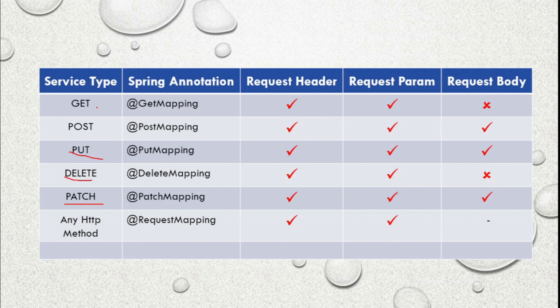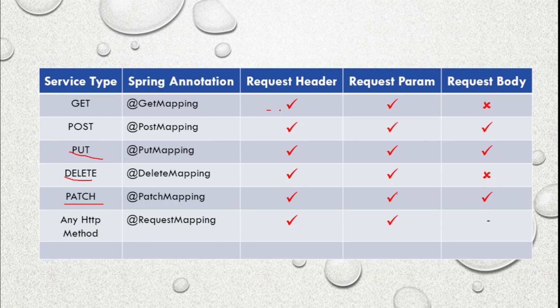The GET service uses the HTTP GET protocol, and Spring gives us the @GetMapping annotation to define a service as a GET service. This GET service supports request header, request parameter, and request body. In the request headers we mainly send the service metadata, like authentication and authorization details.